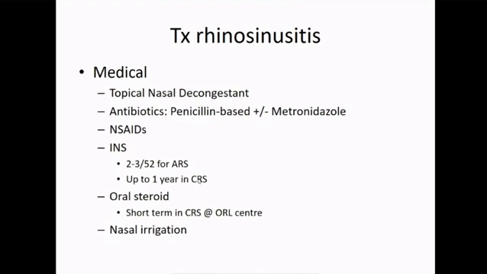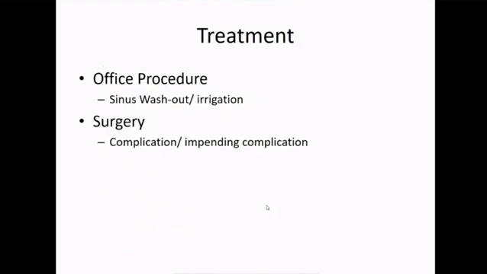For the chronic disease, yes, we give nasal irrigation. We give a short term of steroids. So even sometimes we give intranasal steroids in the chronic infection. But in chronic infection, normally they end up with surgery.